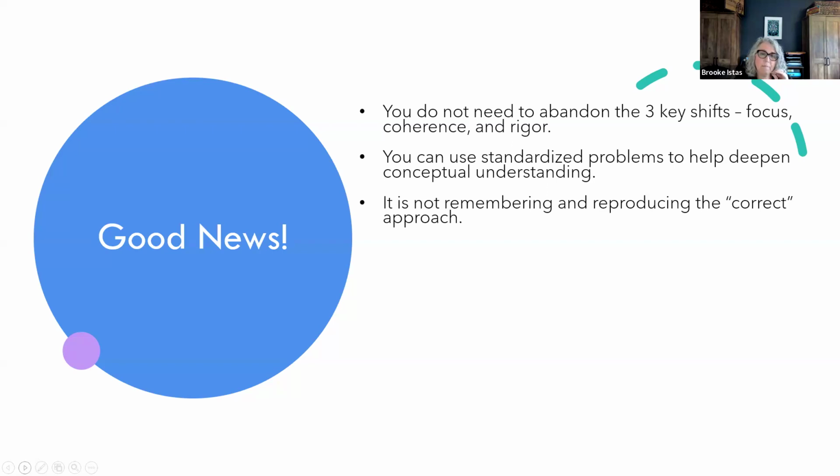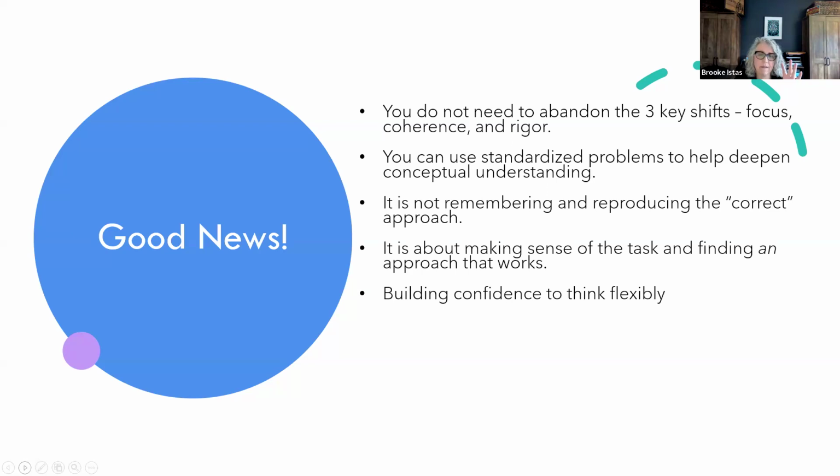And it's important to tell them that it's not about remembering and reproducing the correct approach. It's about creating a sense of meaning for themselves, about finding an approach that works best for them to build confidence on that flexibility of thinking. And then, of course, self-efficacy is so important to attempt questions.